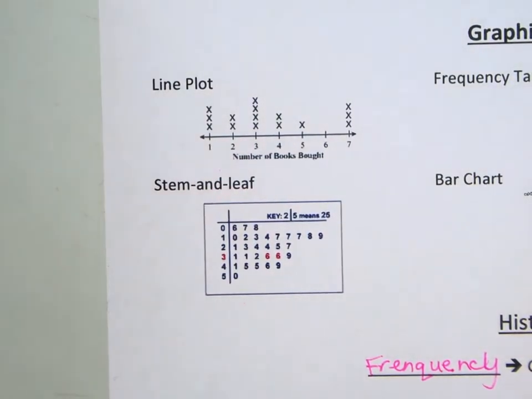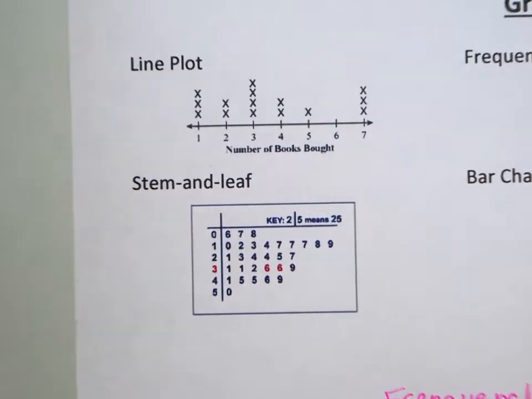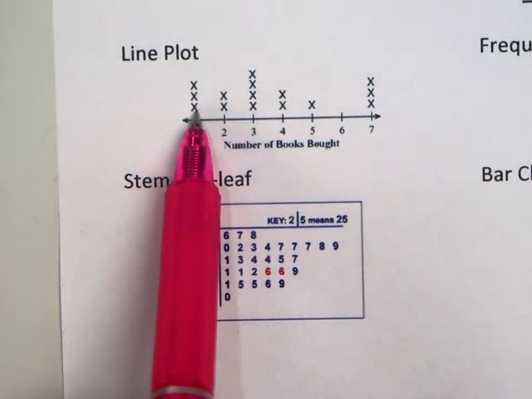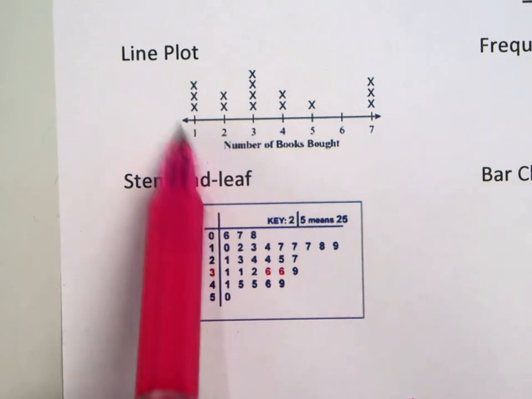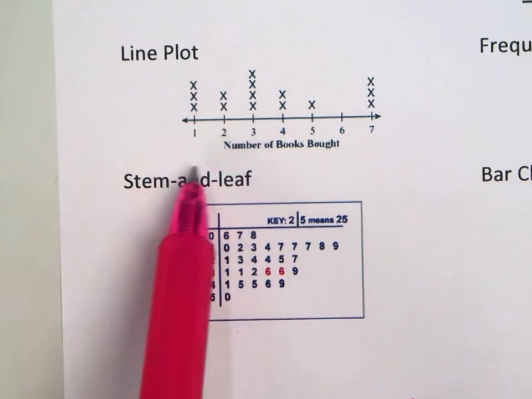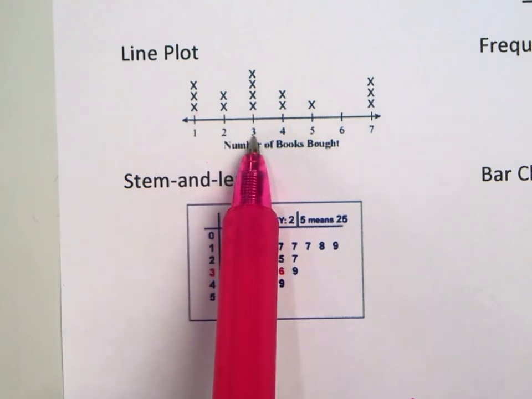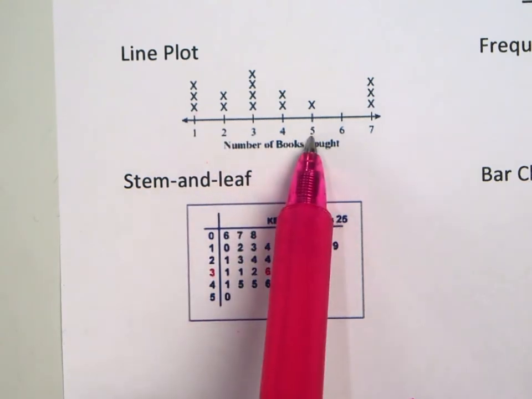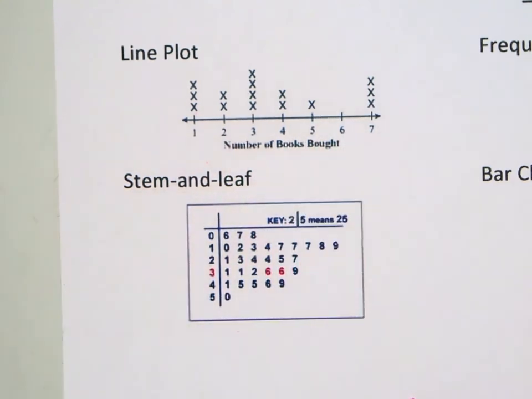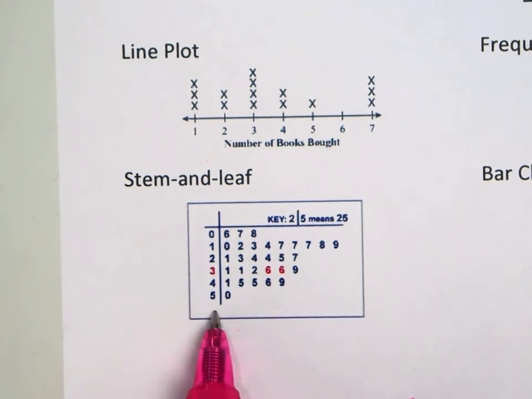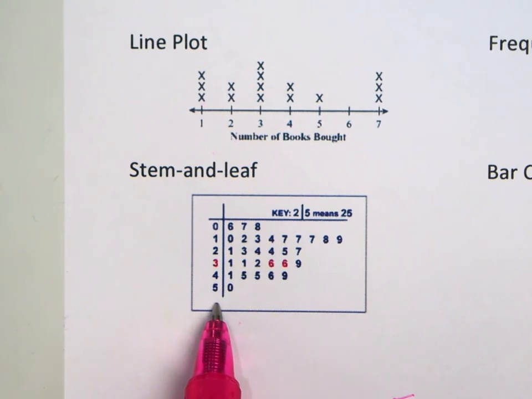You could be doing the line plot and graphing a 1, 1, 1, a 2, and you're going to find out your ranges and count how many numbers are from 1 to 2, for instance. How many numbers are from 3 to 4. How many numbers are from 5 to 6 and 6 to 7. That's how you would do your ranges, as long as they're equal. On a stem and leaf plot, it's the same idea.